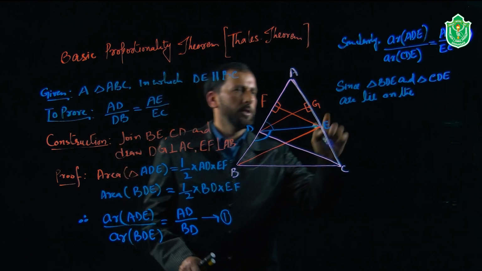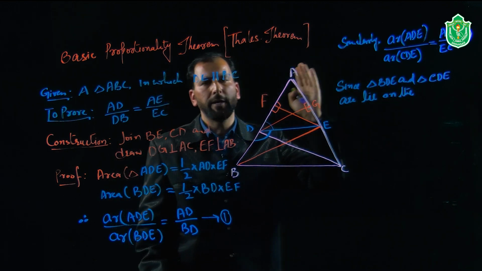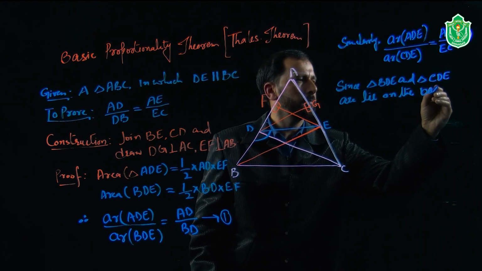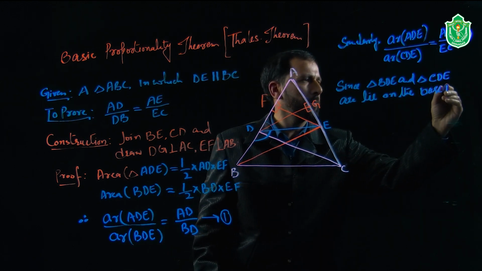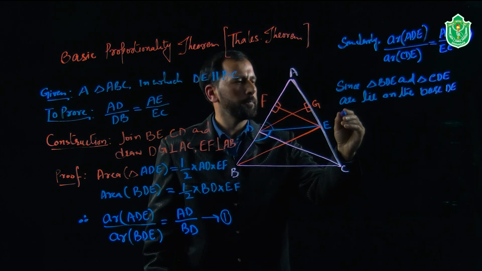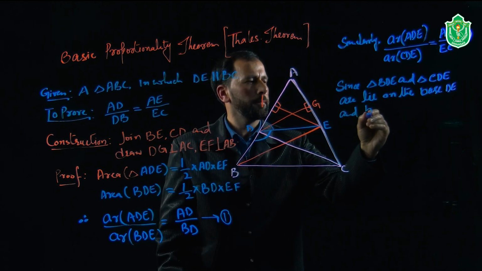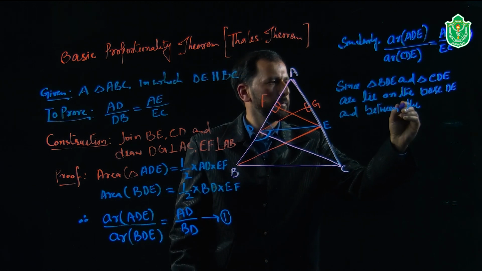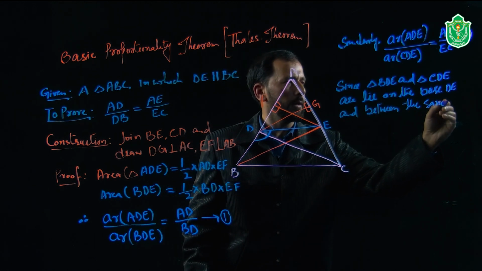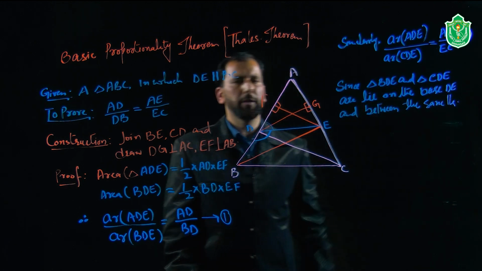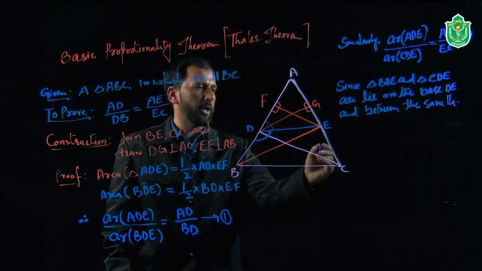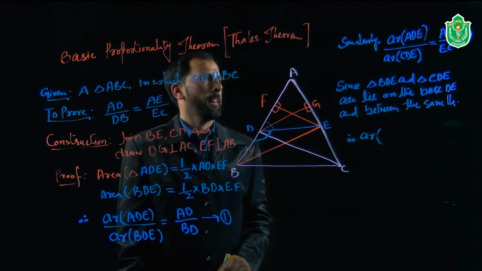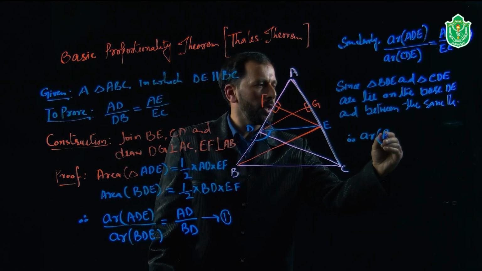DE, exactly. So triangle BDE and triangle CDE lie on the same base, that is DE, and between the same parallels. Therefore, we can write area of triangle BDE.